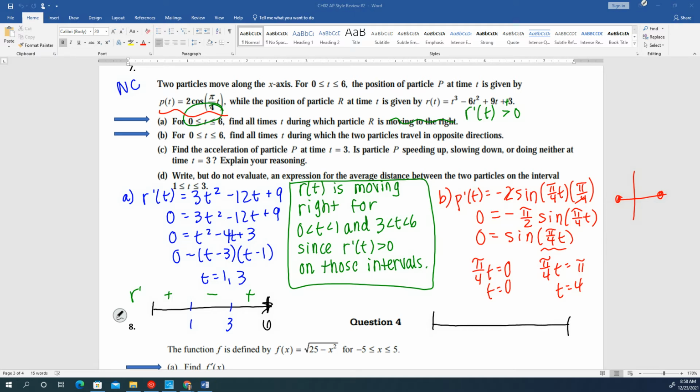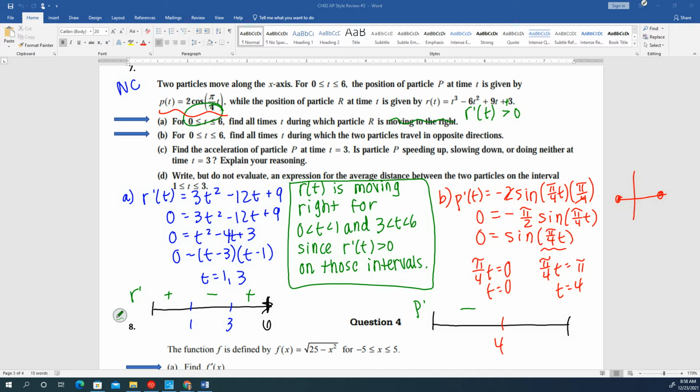So if we create a chart for this one, the only one we have to look at is 4. This one might be a little bit more challenging to plug into the derivative because I can't plug in 0. We could plug in 1. And I know that the sine of pi over 4 is positive, times a negative, it's going to give me negative.